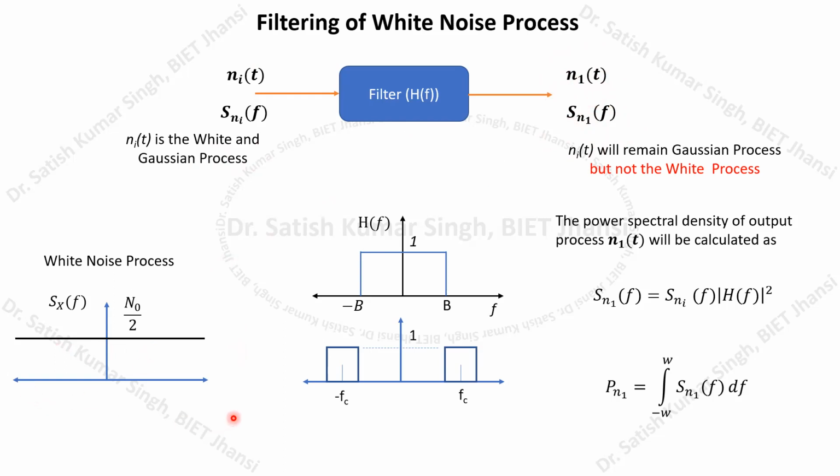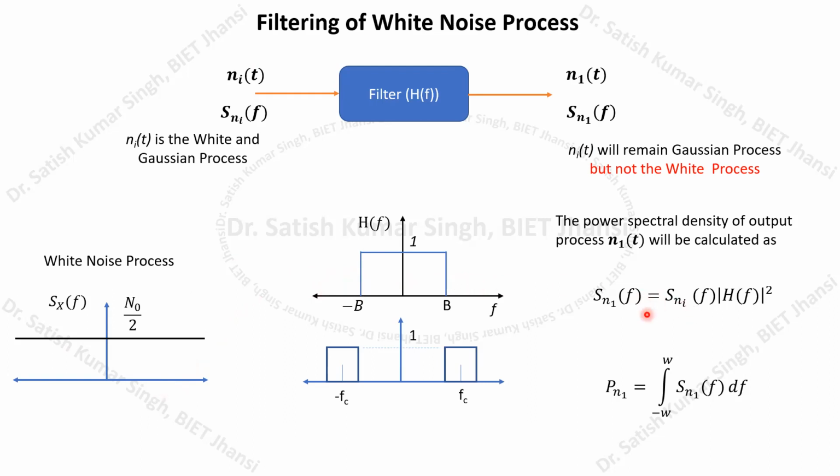Because only a particular passband is allowed to pass, and at all other portions we have the stop bands, this noise process will become zero at the output of the filter.